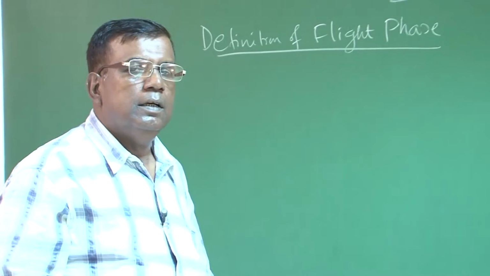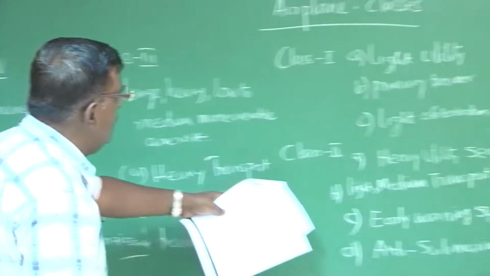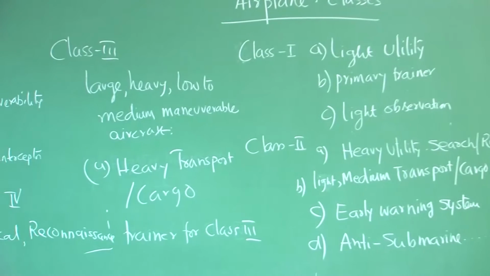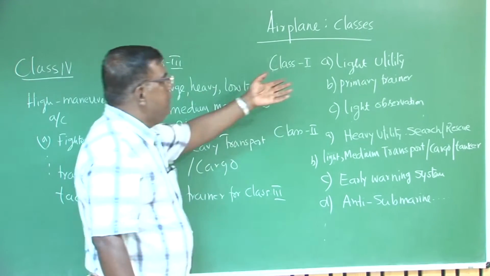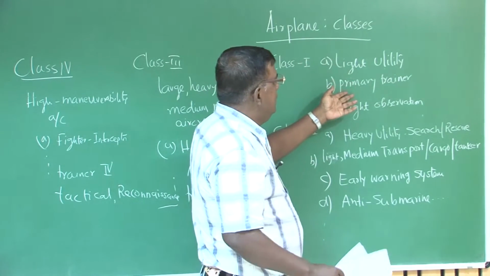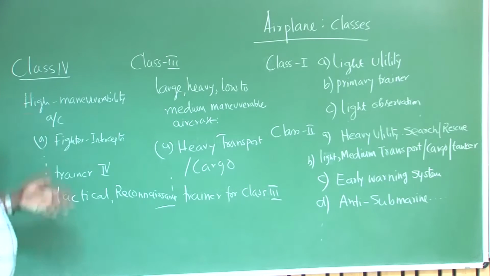The first thing was to identify which class this aircraft belongs to: class 1, class 2, class 3 or class 4. That is the first exercise. And which aircraft should be class 1? You have to check: is it light utility? Is it primary trainer? Is it light observation? Like that, you make a judgment and you classify the airplane.